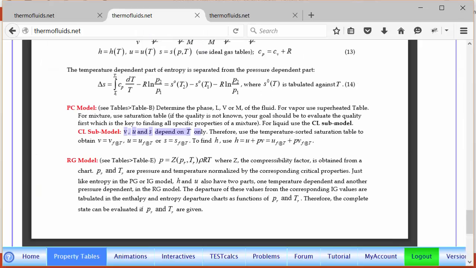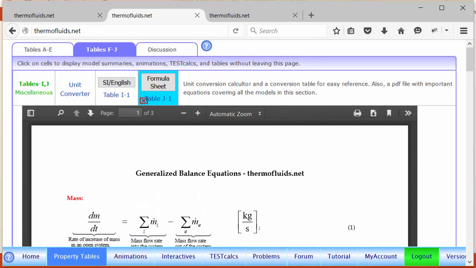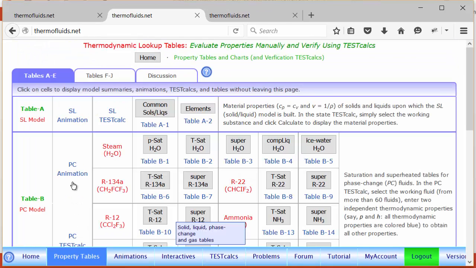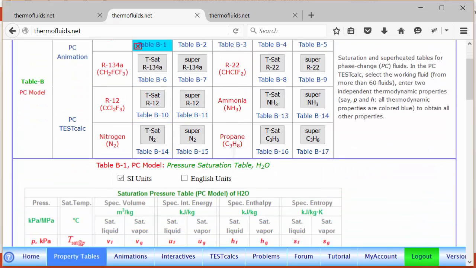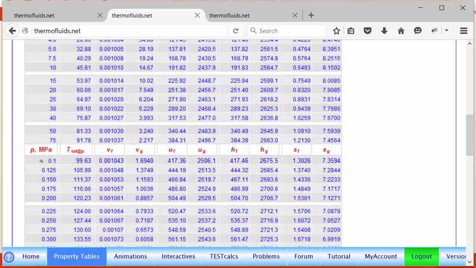So we can go back to the table, PC model. Remember, at state 3, we had saturated state at 100 kPa. So the temperature is 99.63 and Vf is 0.001043.